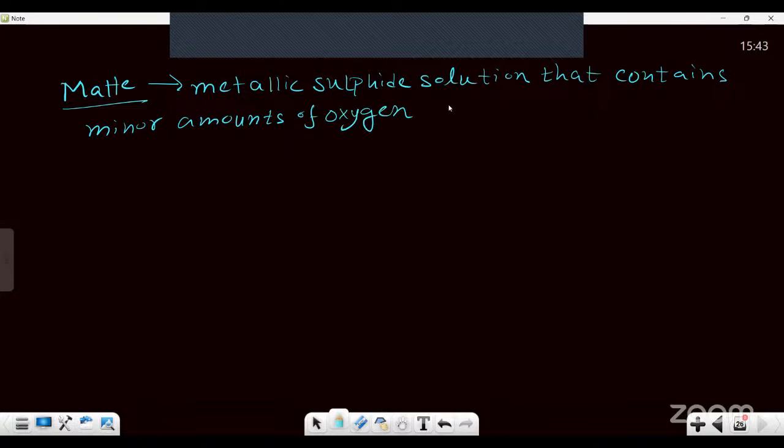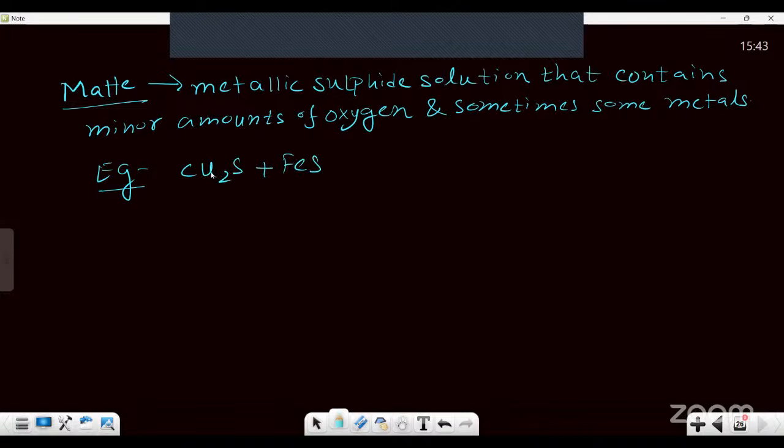Let us take an example: Cu2S plus FeS. This is our matte. So this is a copper sulfide and iron sulfide.